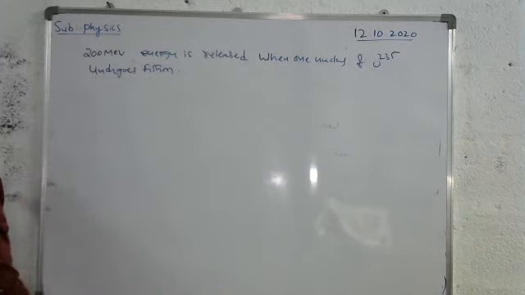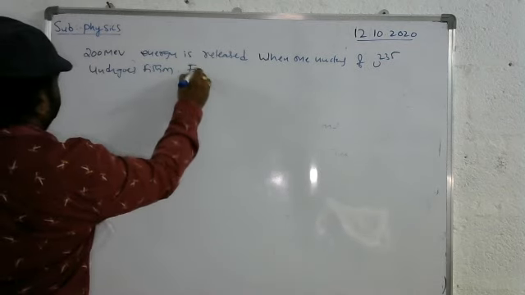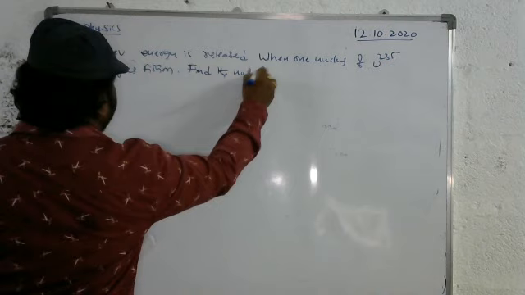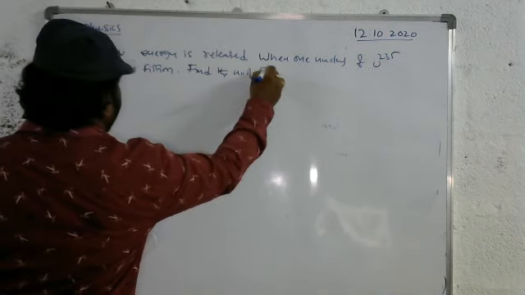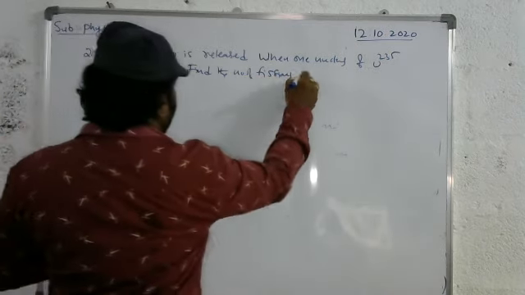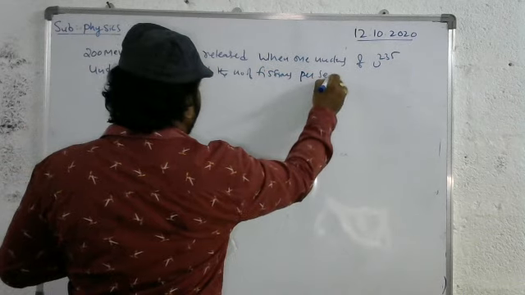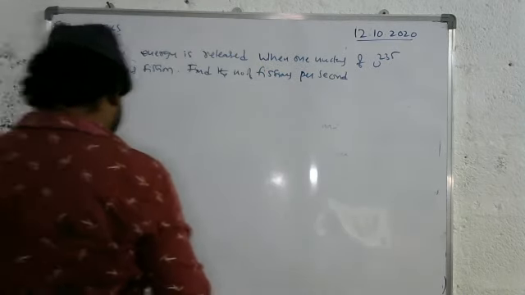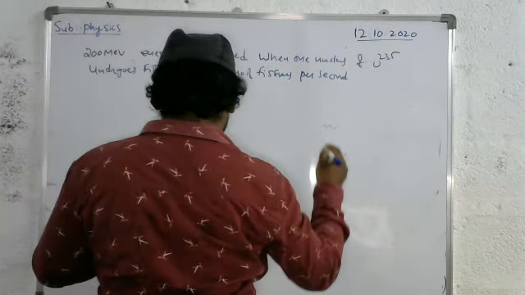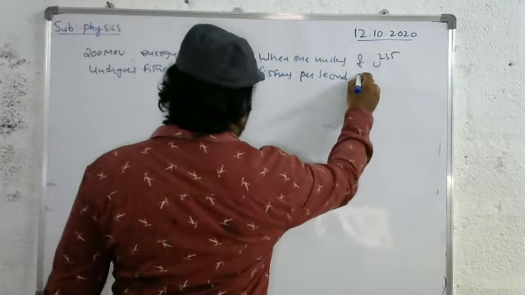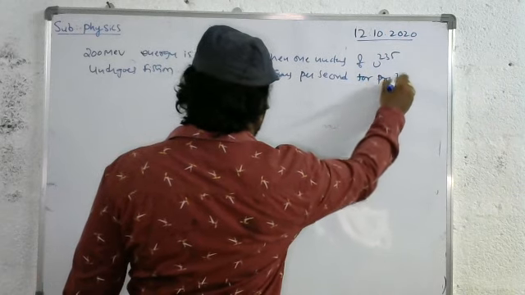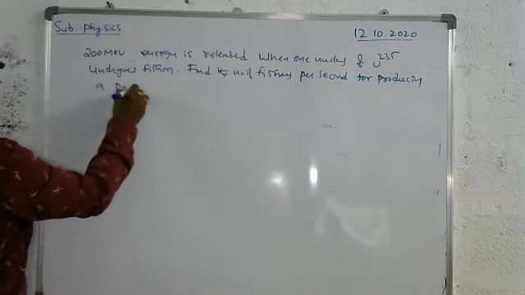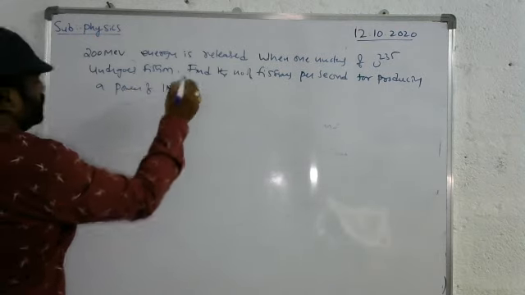Find the number of fissions per second for producing a power of 1 megawatt.